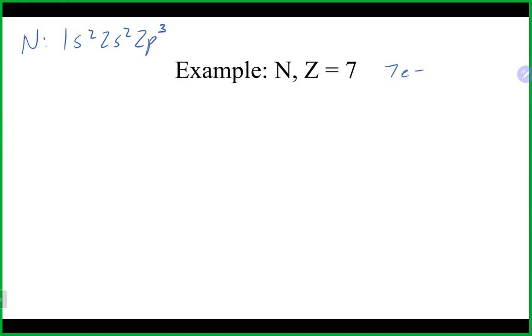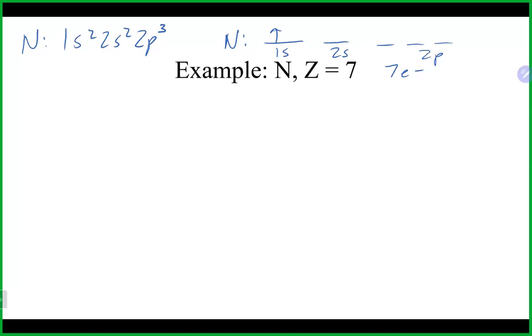Again, if you're not sure, you can count up the top numbers. 2 and 2 is 4, and 3 is 7. So we have now placed 7 electrons in here. We're now up to 5 electrons on our second energy level, 2 in the s orbital and 3 in the p orbital. For our orbital diagram, again, we would have our boxes, our lines here.